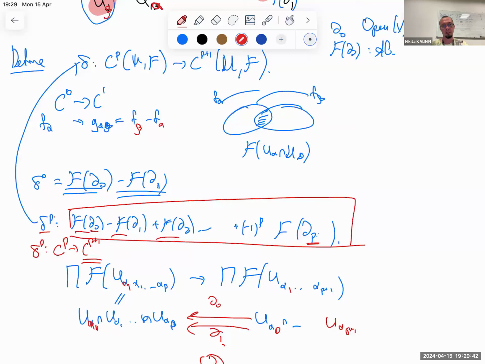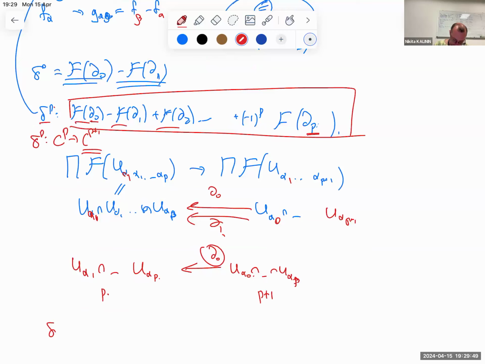Okay, so we had the same for the differential forms last time. And similarly, we can just check that delta square is 0, just because of parity, right? Because if we first forget the index alpha and then forget the index beta, we have one sign, and if we first forget index beta, then forget index alpha, there will be a different sign.